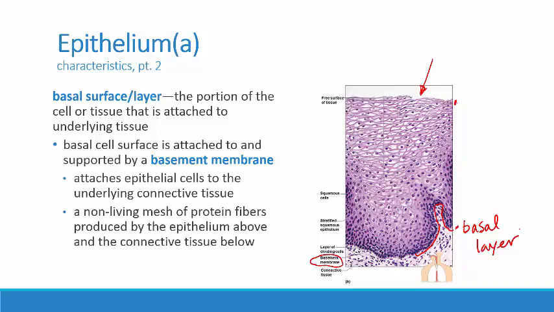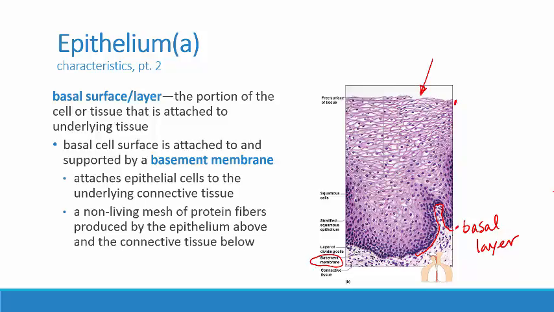And the basal cell surface, the deep surface of the epithelium, is going to be supported by what's referred to as a basement membrane. And this basement membrane is the connector between the epithelial cells and the underlying connective tissue, because always we'll see a connective tissue deep to an epithelium, because epithelial cells are not necessarily good at binding themselves to whatever material is below.